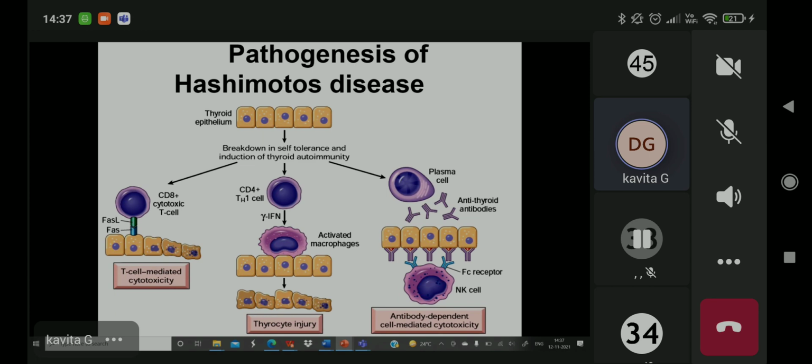CD4 positive Th1 cells cause interferon gamma activated macrophages leading to thyrocyte injury, and plasma cells are released which lead to ADCC. So in short, CD8 and CD4 T cells are both active and have gone against their own system, right? So you have both T cell mediated cytotoxicity as well as ADCC, antibody dependent cytotoxicity.